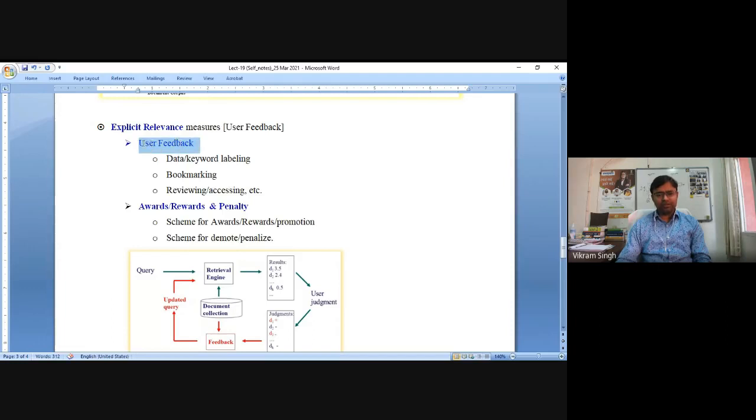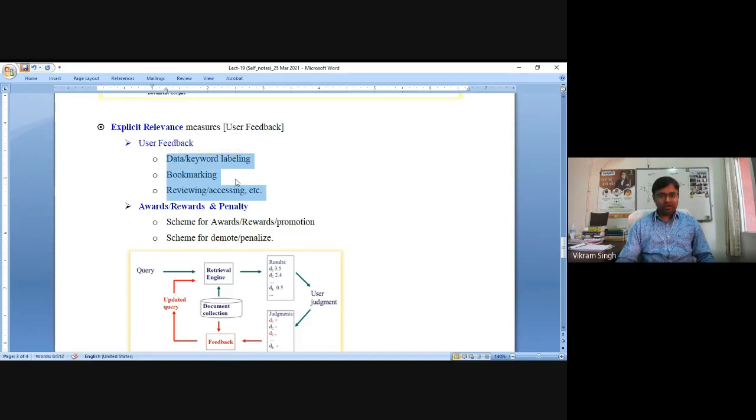Whenever we talk about explicit relevance estimation for the ranking process, you should have some mechanism to label the user data or results, or to bookmark the search results, or to review, or to access. These are the fundamental ways which we also see on different platforms where search is available as a process or a system. So you should always have some mechanism to directly capture these feedbacks, right?